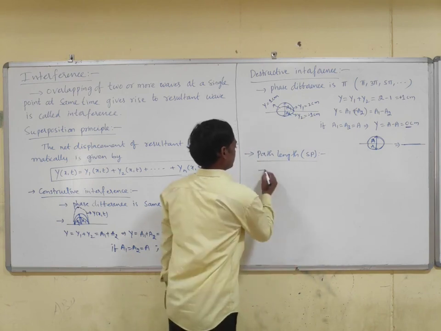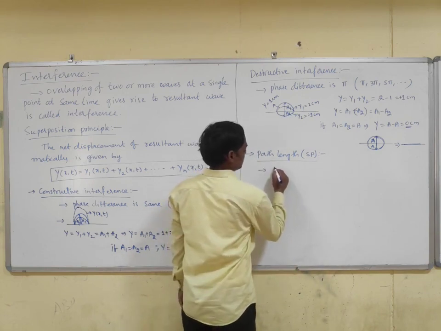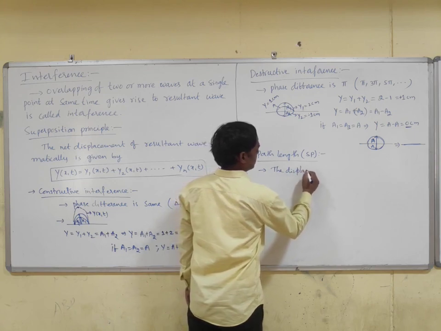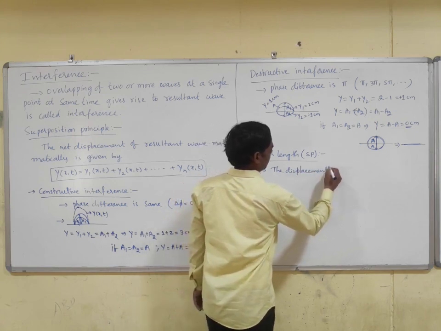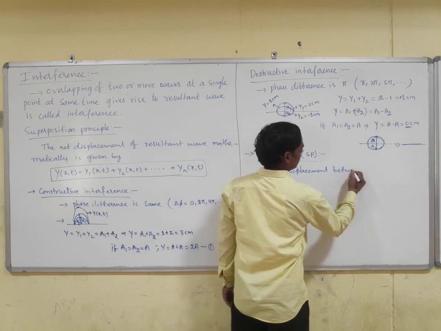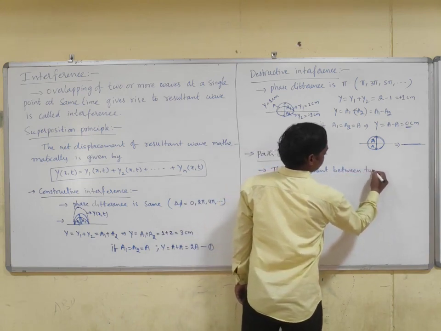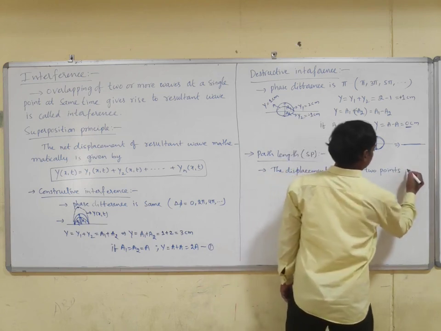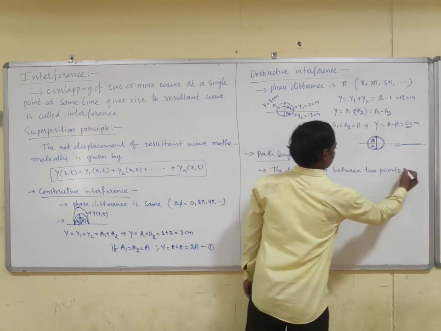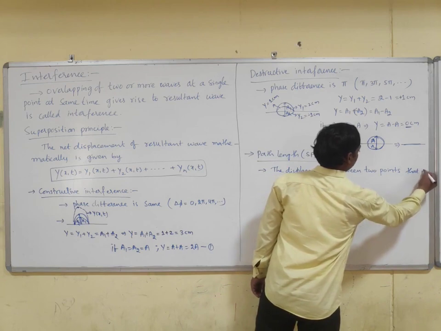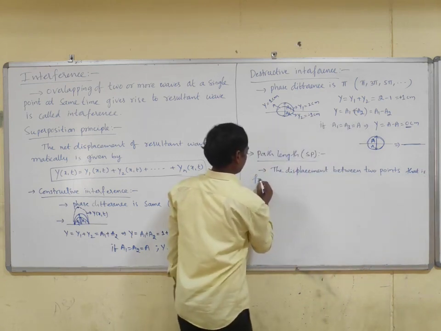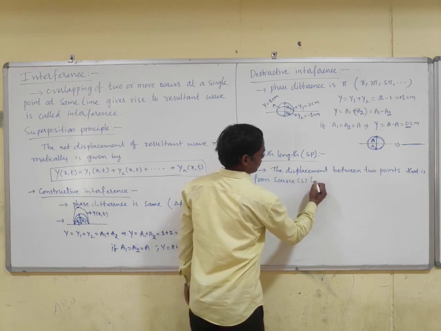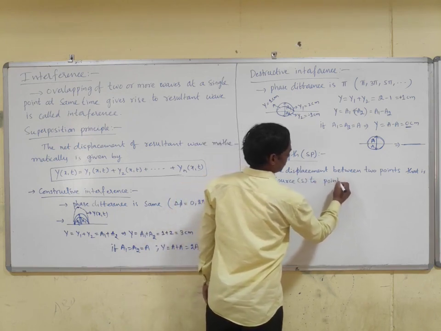Path length means the displacement between two points, that is from source to point P.